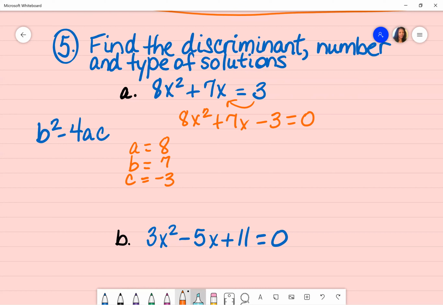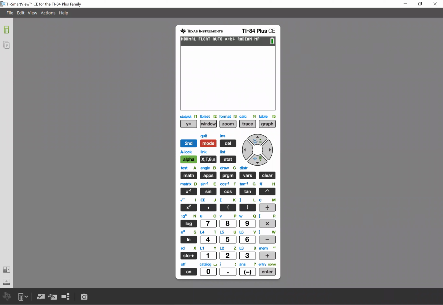Substituted in this formula, and it looks like this. 7 squared minus 4 times 8 times negative 3. And my math is 49. And now I have, let's pull up a calculator here. And again, I have to remember what I'm trying to put in the calculator.